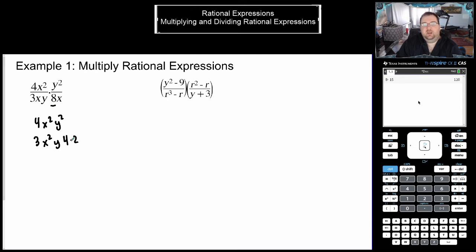This 8 I turned into 4 times 2. And I bet you, for those of you that are following along, you know why I did that. It's because I'm going to want to cancel things out, right? Ooh, and I should have a division sign there, hey? Okay.